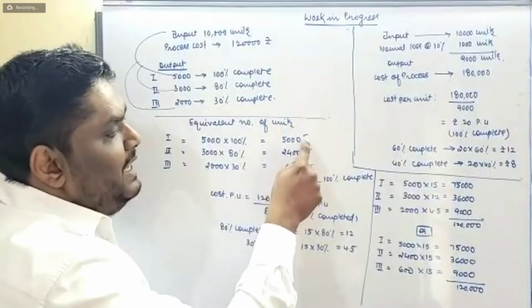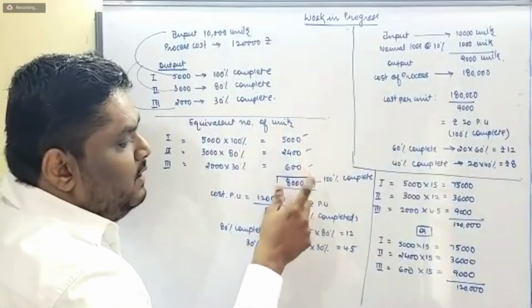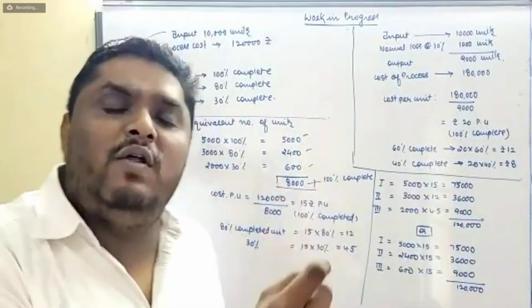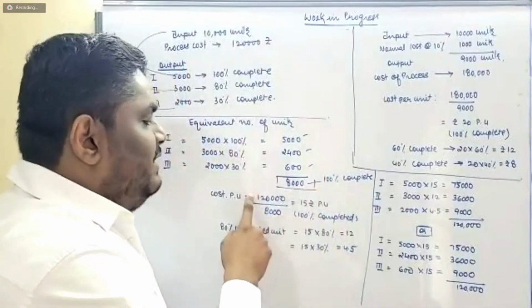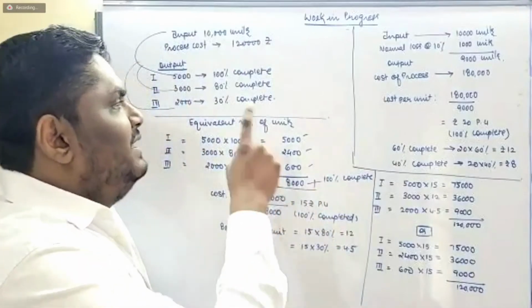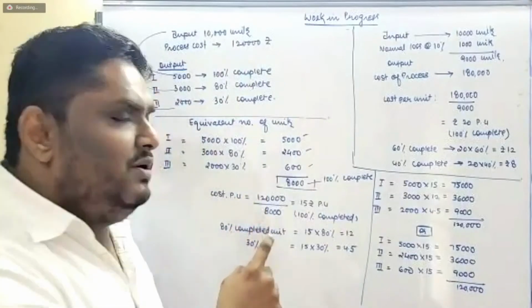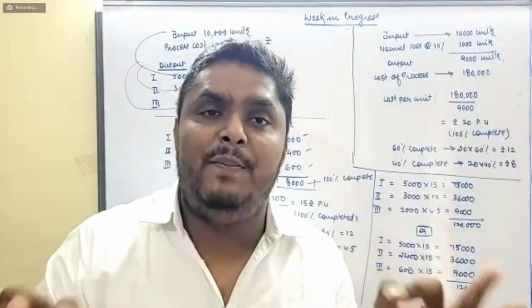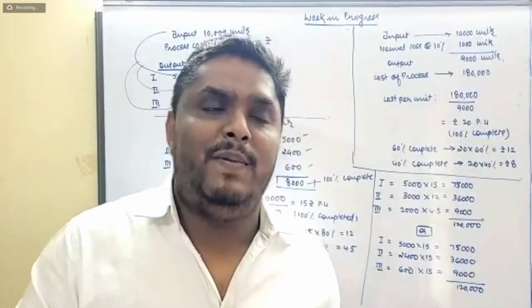So the equivalent number of units will be 5,000, 2,400 and 600. So my total equivalent number of units that are 100% complete will be 8,000. Thereafter, we will calculate the cost, that is 1,20,000, the cost of the process divided by 8,000, that is rupees 15 per unit, the cost of the units that are 100% complete.